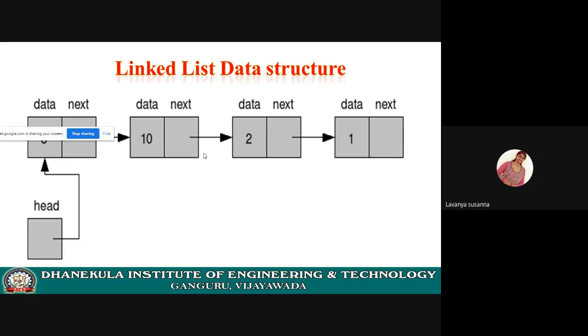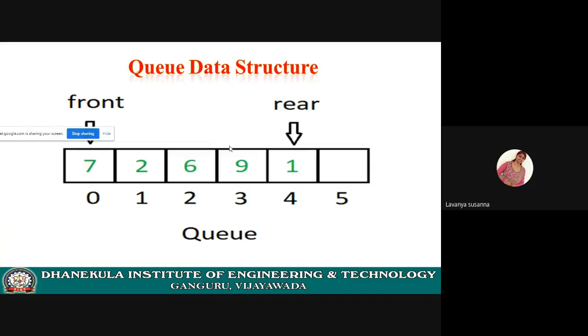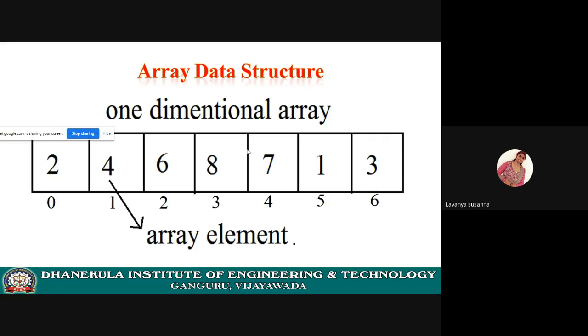ADT is nothing but data plus operations under a name. Here the name is linked list. Array ADT means data of the array and operations of the array can be viewed as ADT. I hope you understood it.